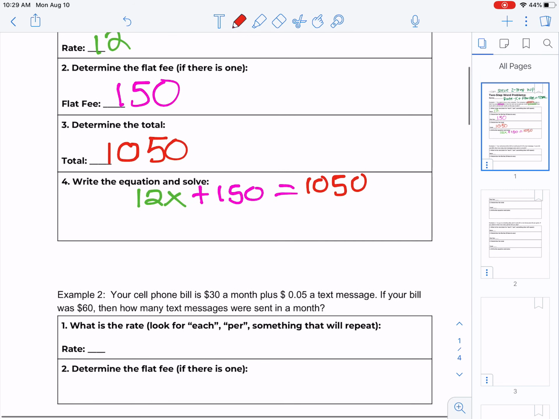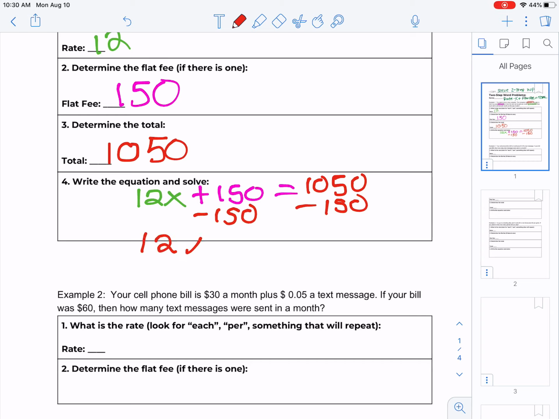And then if we wanted to solve, we just solve it like a normal two-step equation. The number that's being added or subtracted is 150. So to get rid of an add 150, we're going to subtract 150. That gives me 12x equals 1050 minus 150, which is 900.